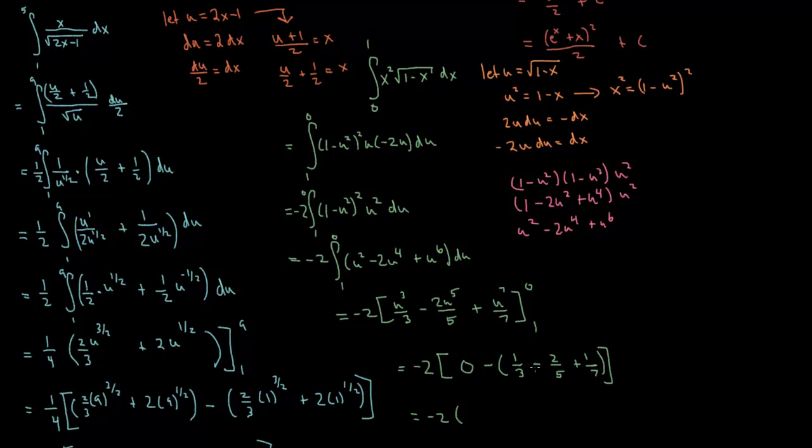So let's see, 1/3 minus 2/5. I'm being lazy and using my calculator right now to be a little on the speedy side. 1/3 minus 2/5 plus 1 divided by 7. And so for inside those parentheses, I get 8 over 105, but it's negative 8 over 105.